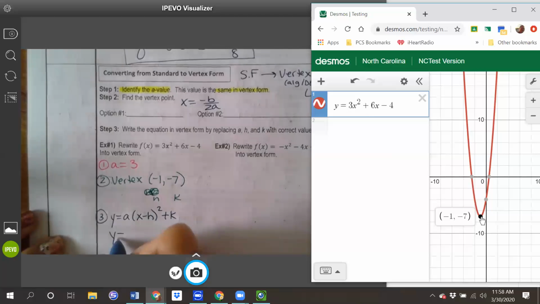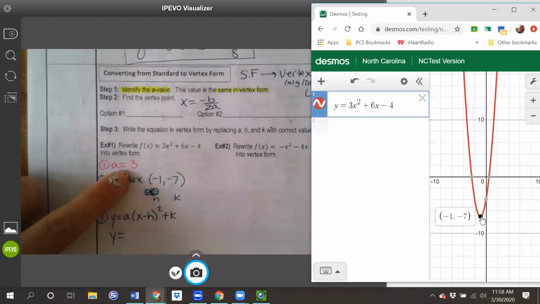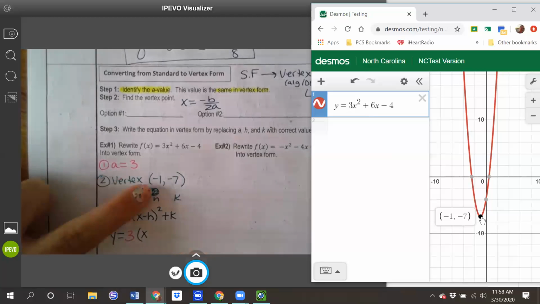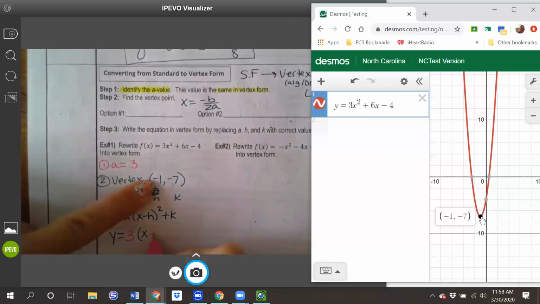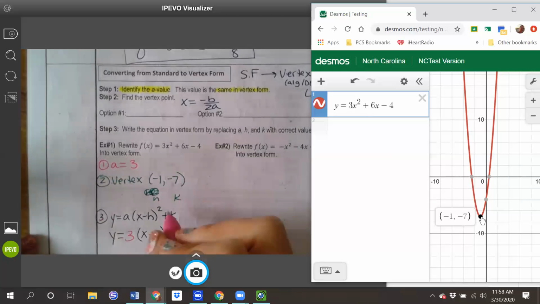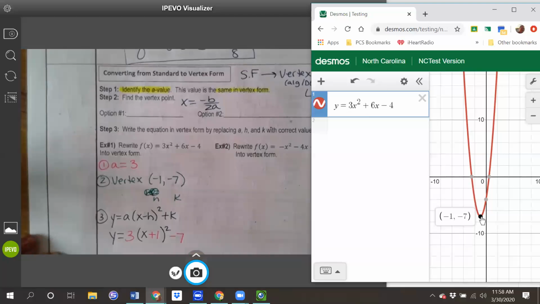So here's the final step. I take a and I plug it in. This is going to be x, and then it's the opposite of -1, so plus 1, square it, and then k, which is -7.